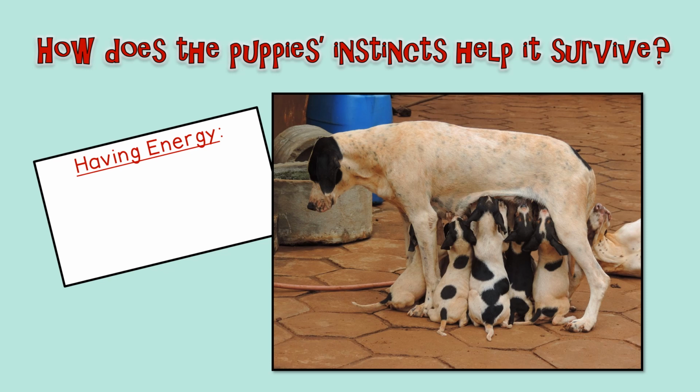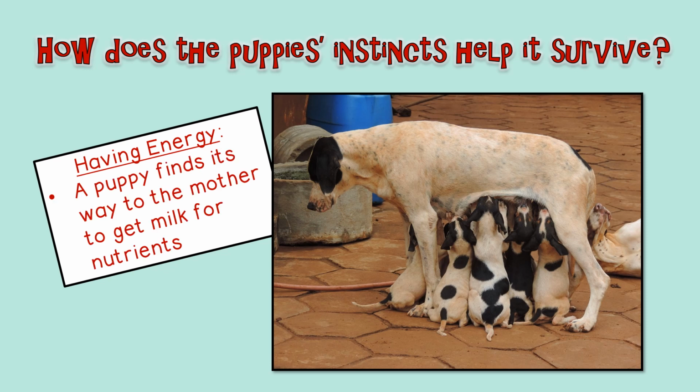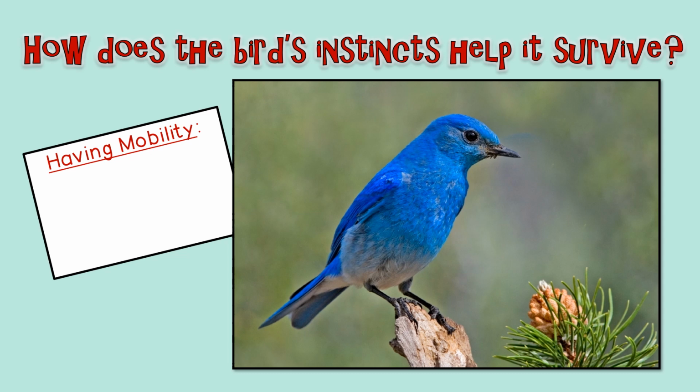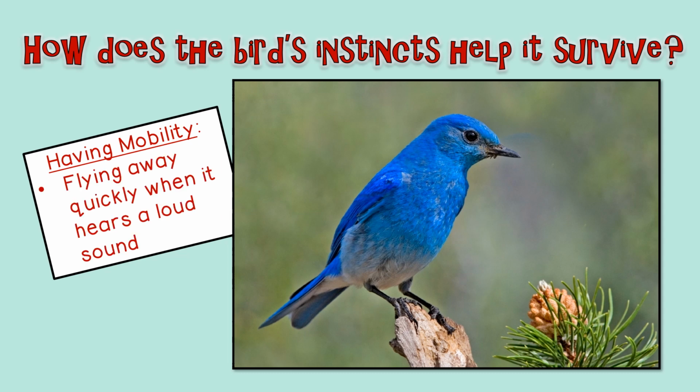No one teaches puppies how to find their way to their mother's milk, and this instinct, this behavior, helps it grow and continue having energy. Others, like flying away when an animal approaches, or just jumping when you get scared, like I did in class, are examples of instincts as well.